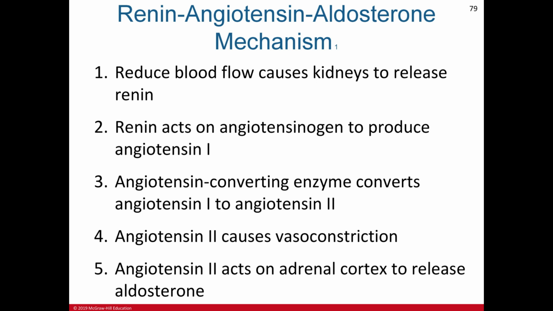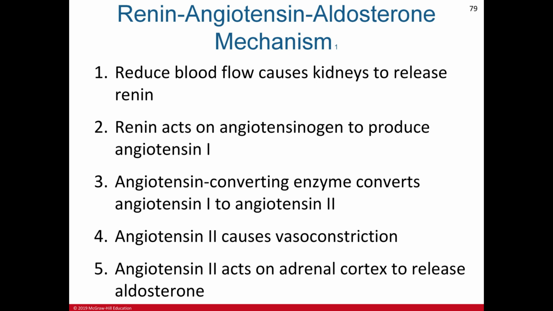So, when the body detects a reduction in blood flow, it causes the kidney to release renin, and then this renin acts on a specific molecule we call angiotensinogen, which then produces angiotensin 1. So there is an enzyme that we call ACE, or the angiotensin converting enzyme, which will convert the angiotensin 1 into angiotensin 2.